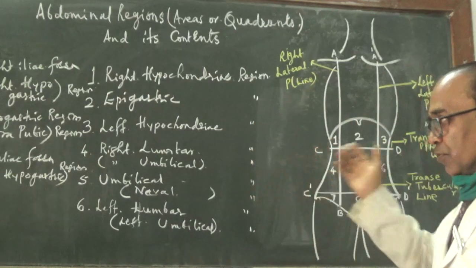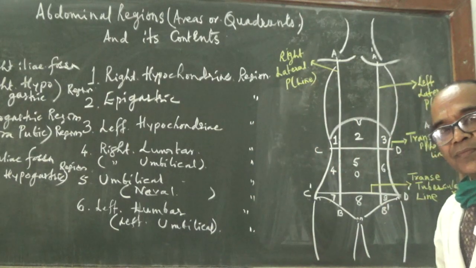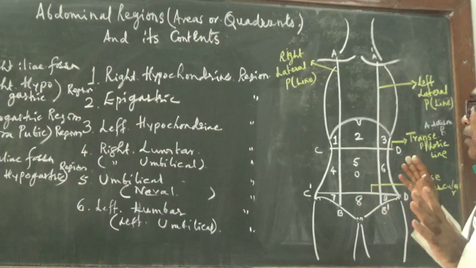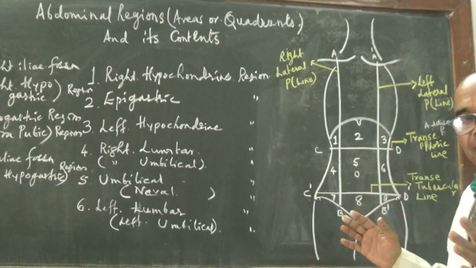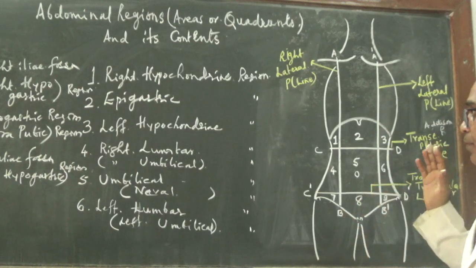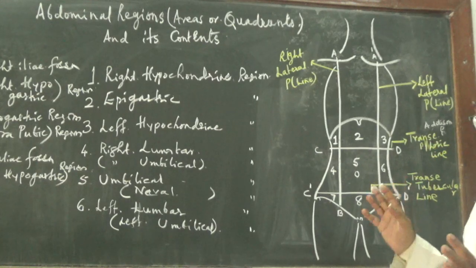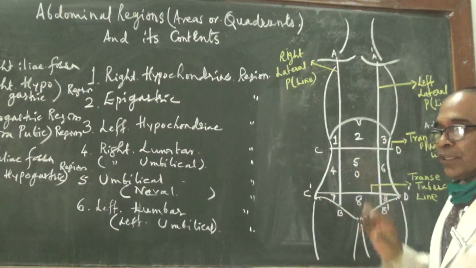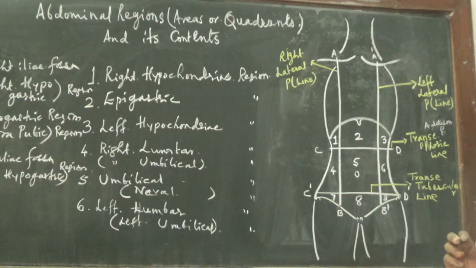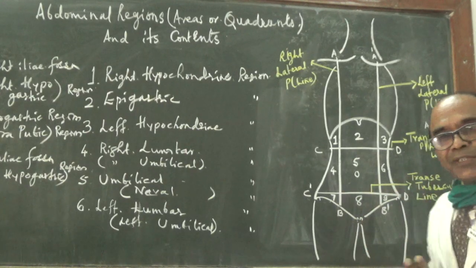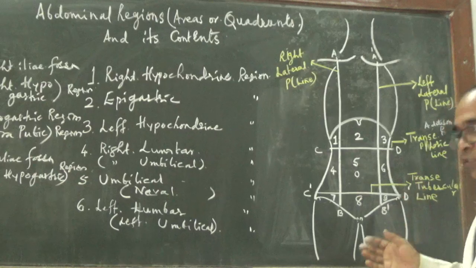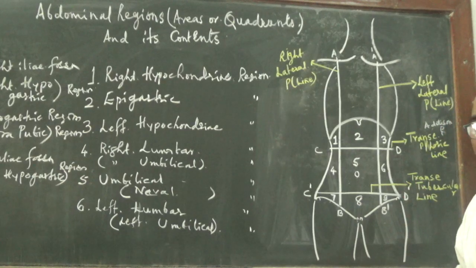Now these 9 quadrants definitely give one big area, another small area, another medium areas on the abdominal parts.